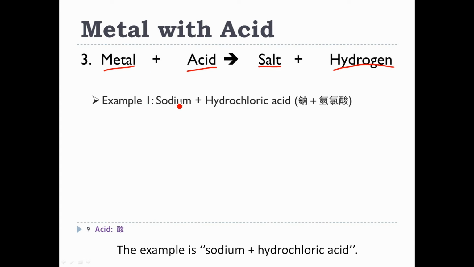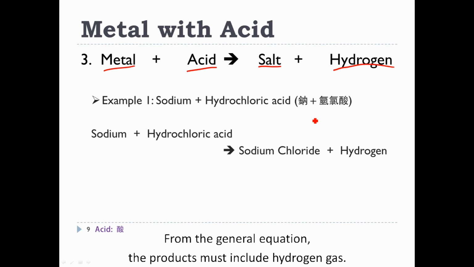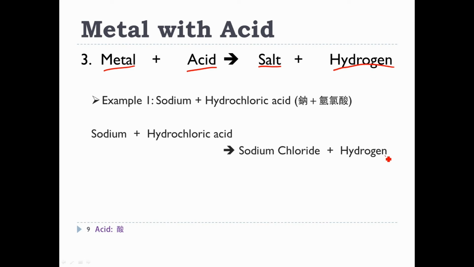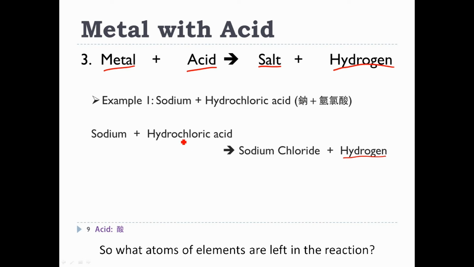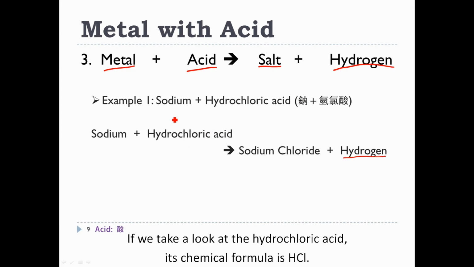The example is sodium plus hydrochloric acid. From the general equation, the product must include hydrogen gas. So what atoms of elements are left in the reaction? If we take a look at the hydrochloric acid, its chemical formula is HCl.